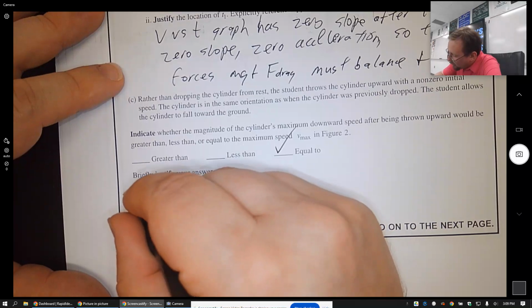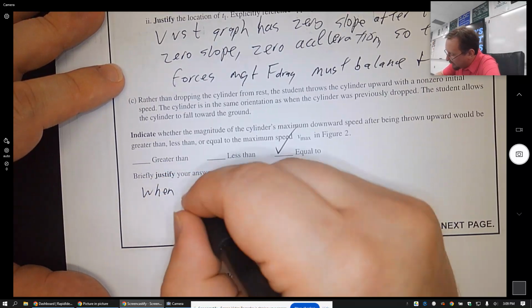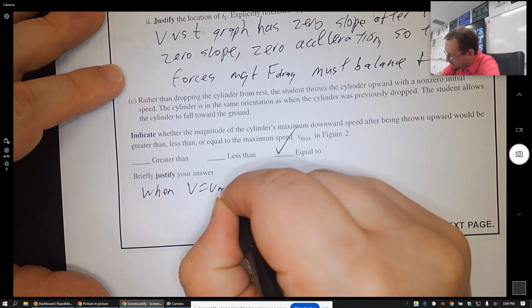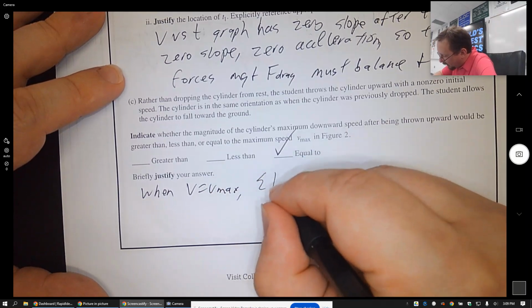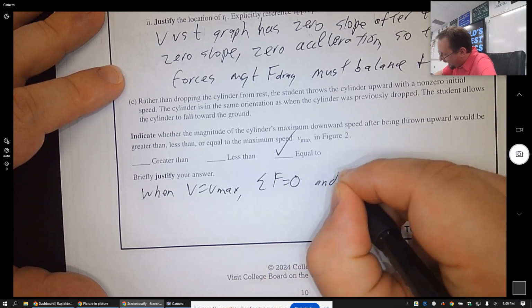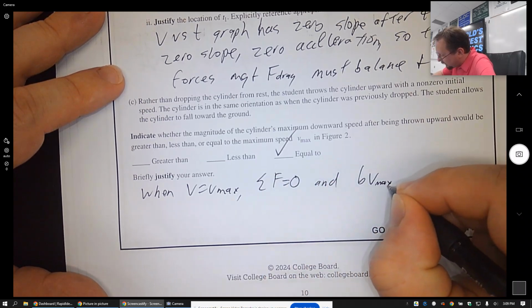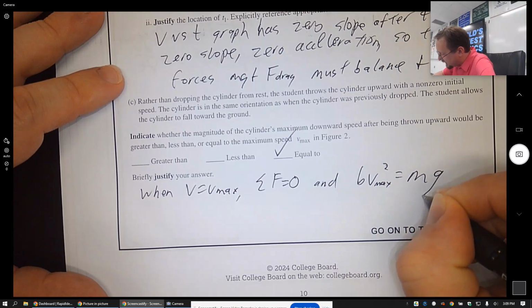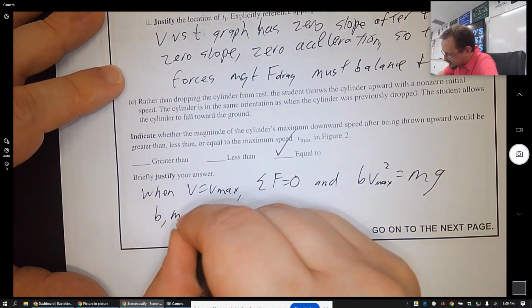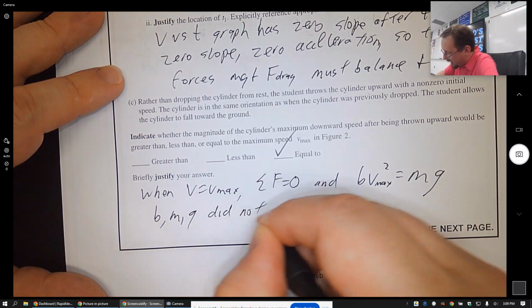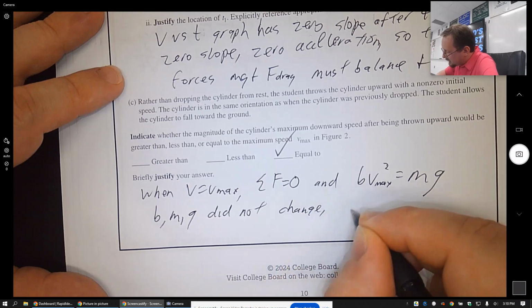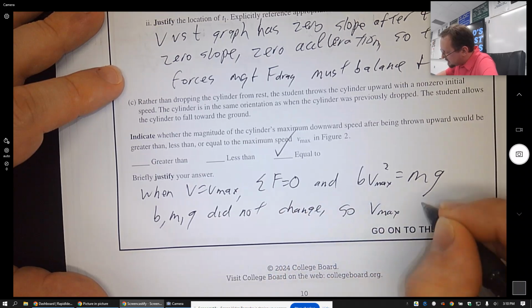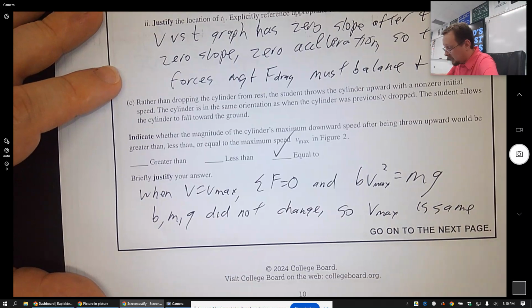Well, when v equals vmax, the sum of all forces is zero, and b vmax squared equals mg. b, m, and g did not change, so vmax is the same. It'd be the same.